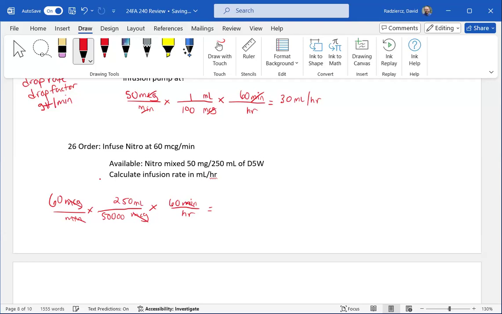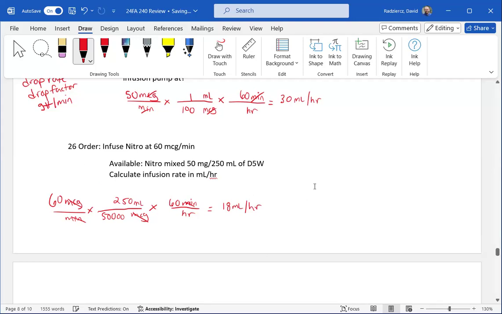So 60 times 60 times 250 divided by 50,000. And I also get the same thing. So it sounds like everyone's kind of on the same page, which is good. Testament to that you know this stuff. Okay. So yeah, 18 milliliters per hour.